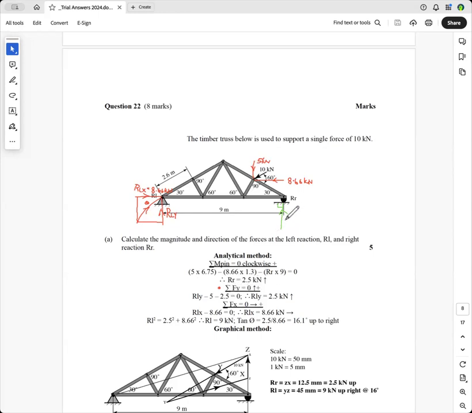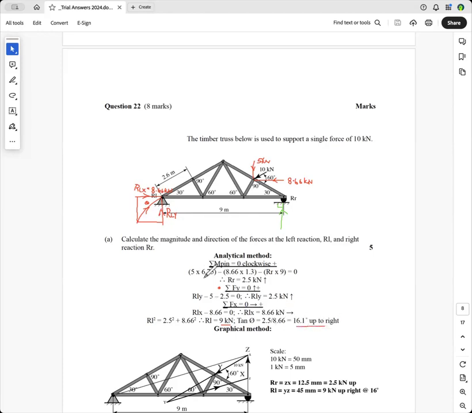This RLY is 2.5. And then you use Pythagoras, that squared plus that squared equals the square of that, which we've got, which is 9 kilonewtons. And then tan theta will be RLY over RLX, which is 2.5 over 8.66. And so you've got that there.